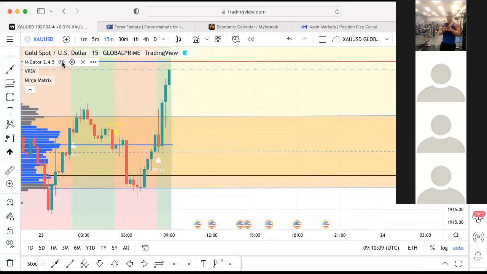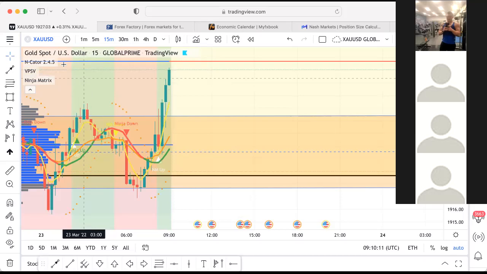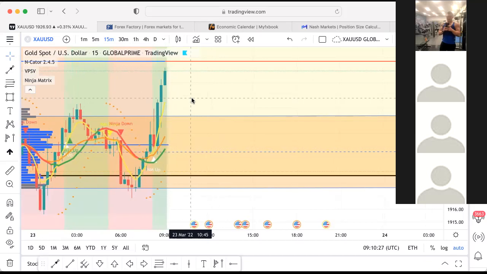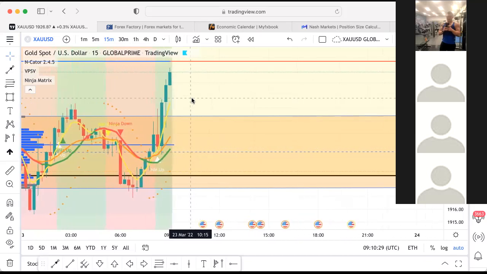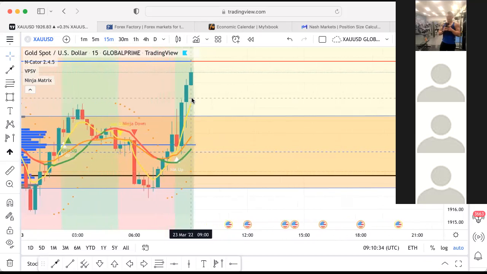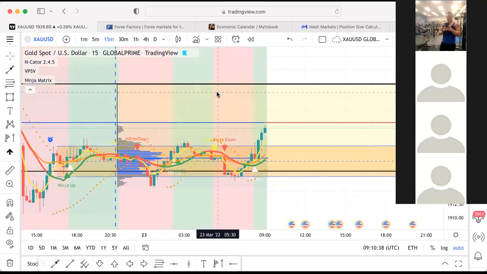If we put the Ninjacator on, yeah, we've got a very strong 5 MA above the 13 MA, and the 13 and the 5 are both pointing upwards, and the gap is getting wider. So that's a really good sign that price is going to increase. Okay, so that's not going to move very quickly.